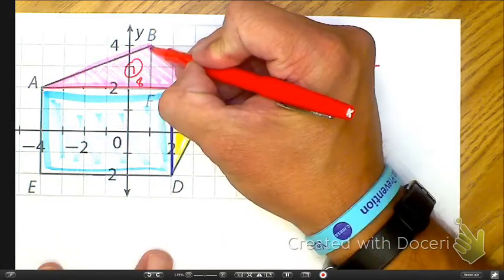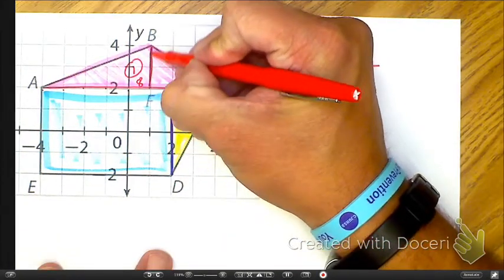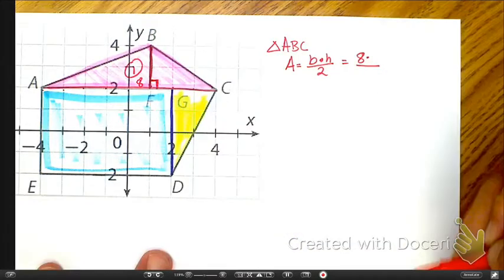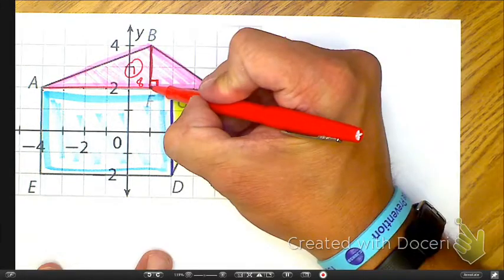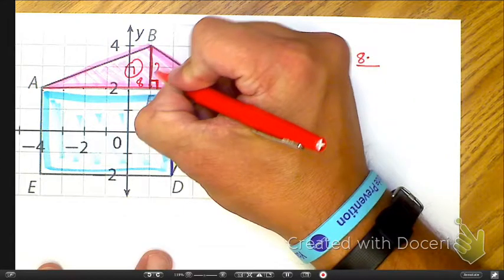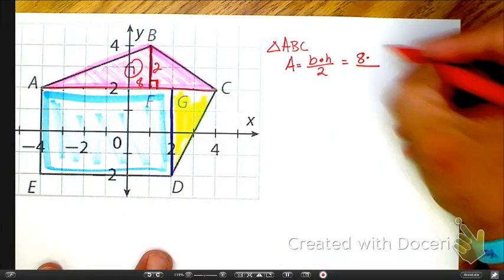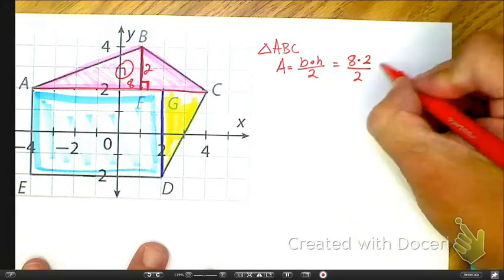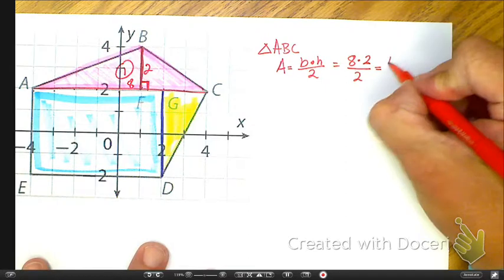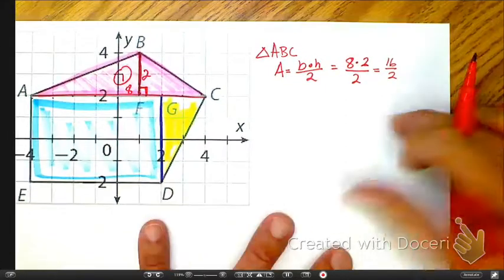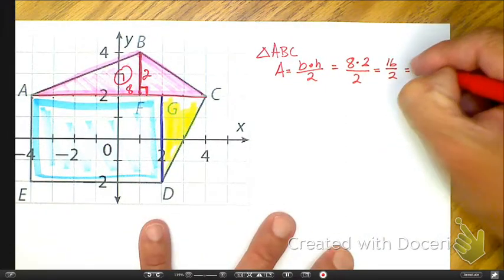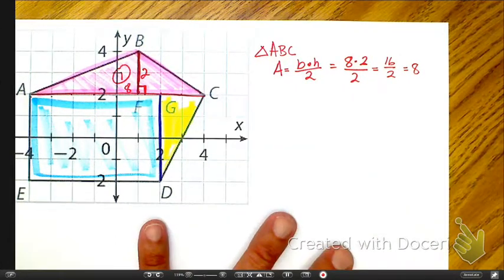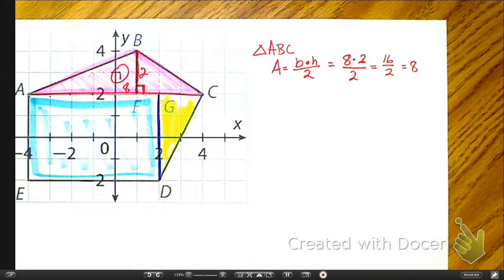I illustrated that segment right in there for you, that segment BF, that is perpendicular to the base. The height is 1, 2. Do some simple math, use our area formula. 16 divided by 2 is 8. The area of the pink triangle on top of our figure is 8 square units.